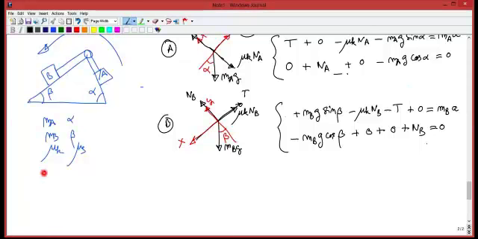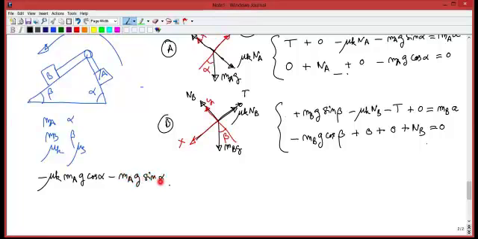So T is going to disappear, negative mu_k N_A, but N_A can be solved from equation number 2, which is m_A cosine alpha times g. Then the next term is negative m_A g sine alpha.